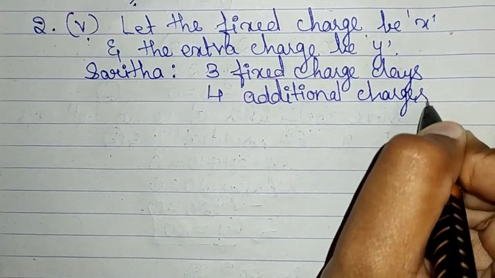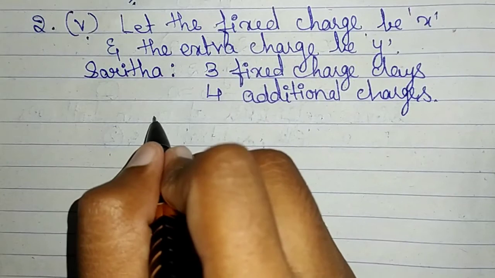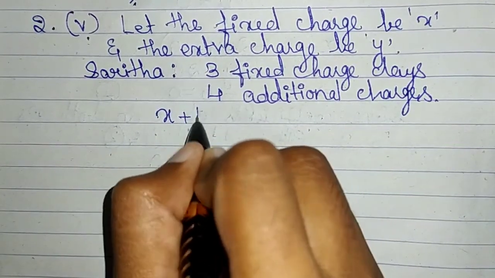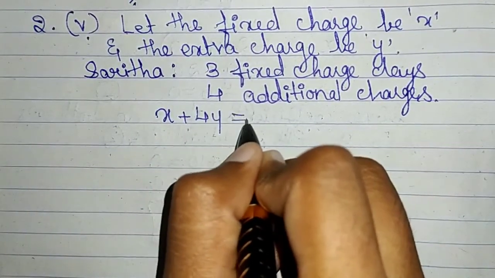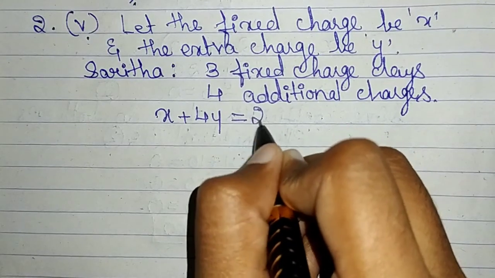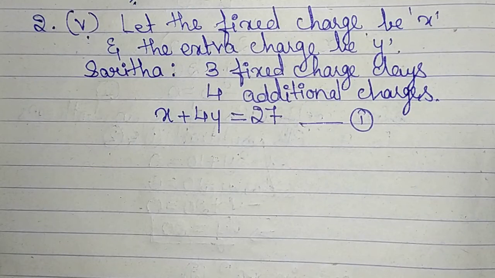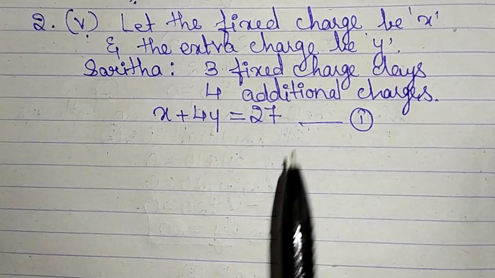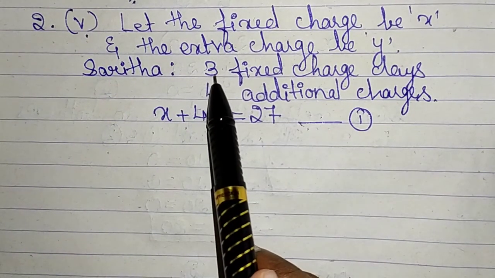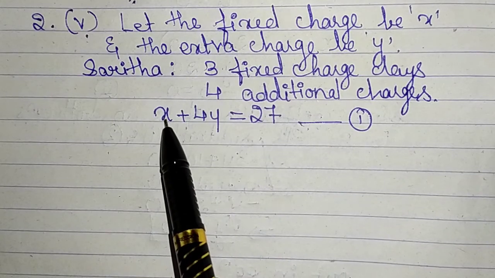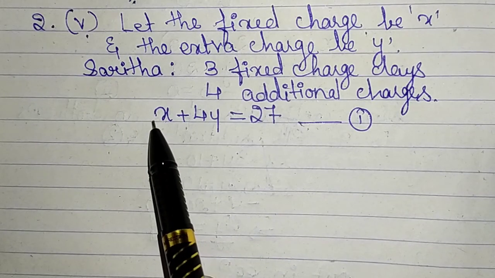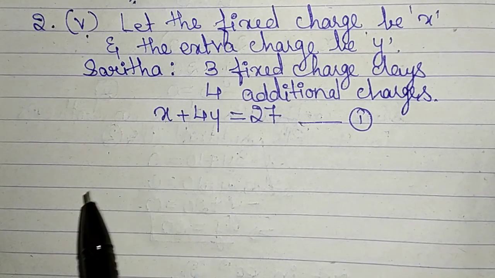Then our equation can be written as x + 4y, and she totally paid rupees 27 to the library. This is equation 1. Here for the first 3 days the charge is fixed. That is why for x there is no coefficient. The coefficient is 1. So x is as it is.